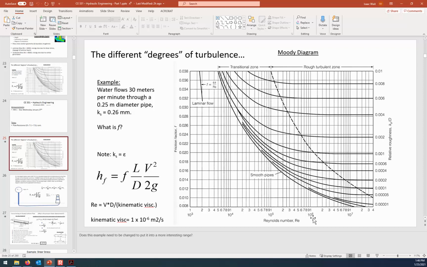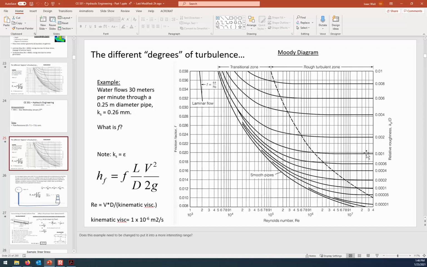So where does the 1 times 10 to the 6th intersect with the F value that we just calculated of 0.02 essentially?